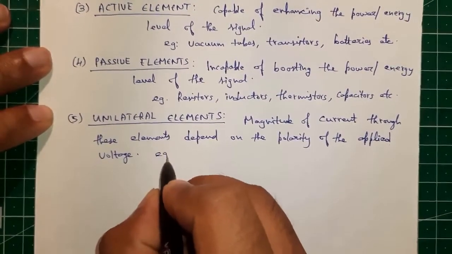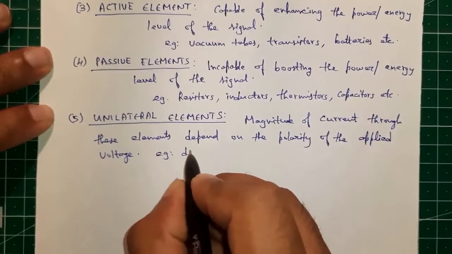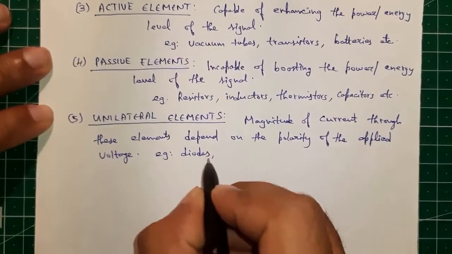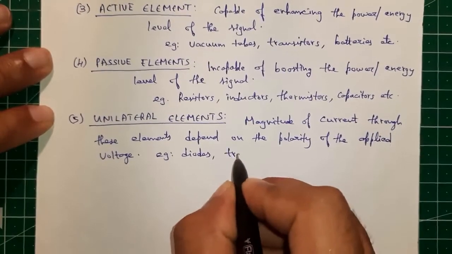Examples include diode, transistors, etc.